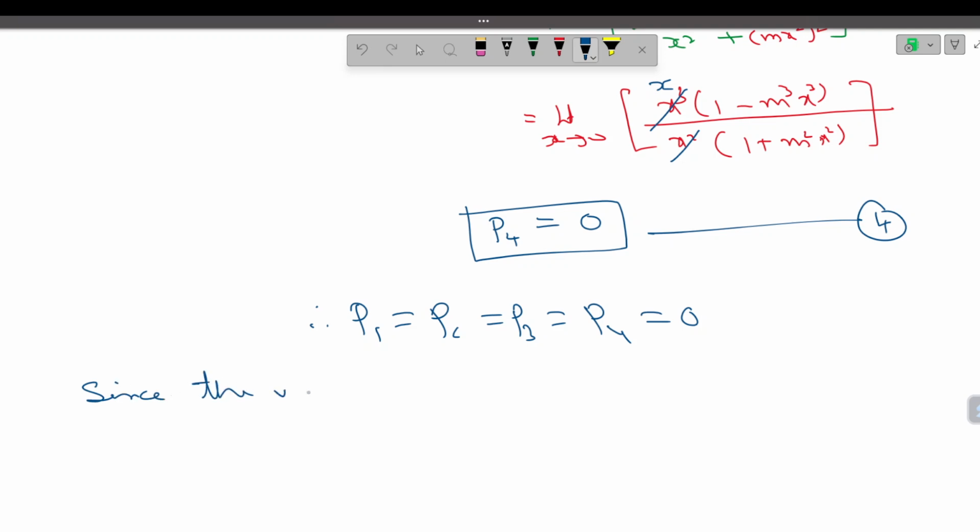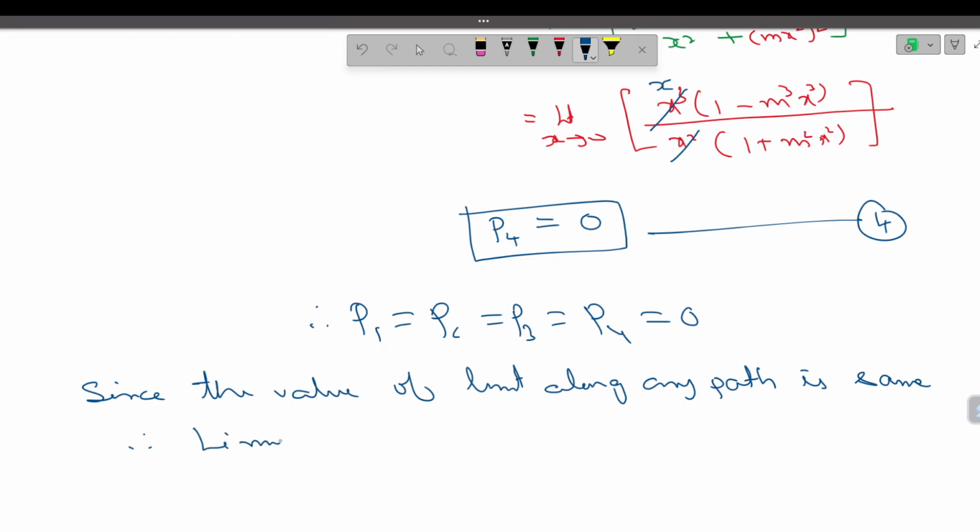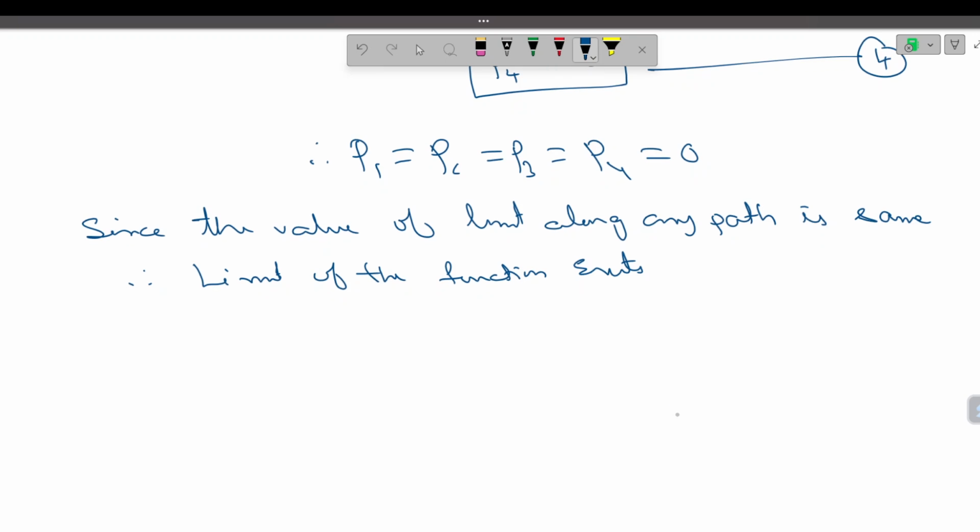Since the value of the limit along any path is the same, that means all four, P1, P2, P3, P4, are equal. Therefore, the limit of the function exists and equals 0.